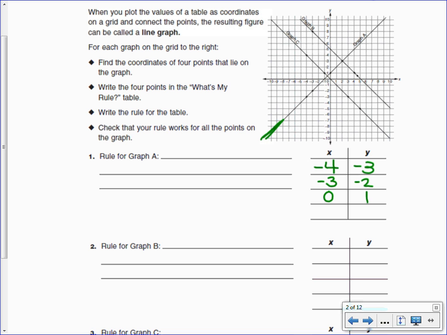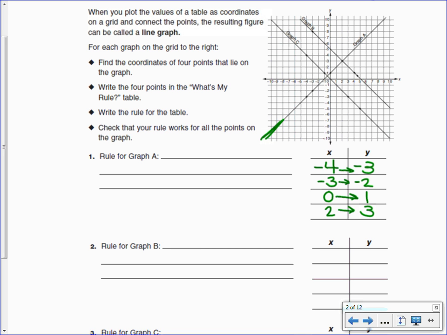2, 3. Okay, so we are looking for a rule that every single time we go from X to Y, the same thing is happening. What is happening every single time when we go from X to Y?